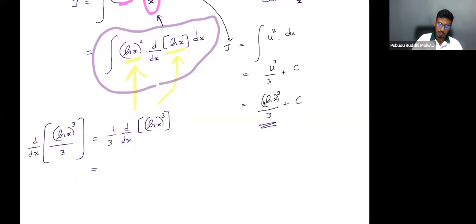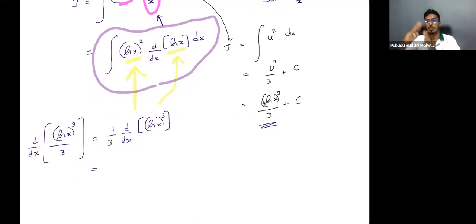Initially differentiate the outer function. For the outer function, that is x to the power of 3. That's a different topic, right? If you have doubts, I'll explain that later in a different video.